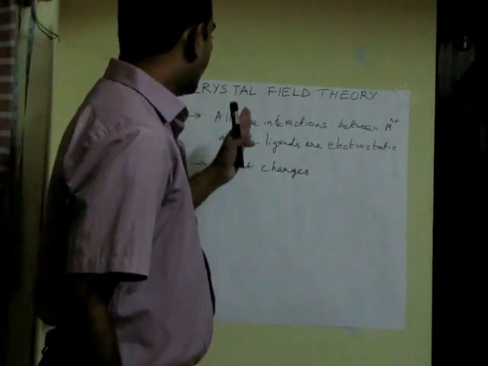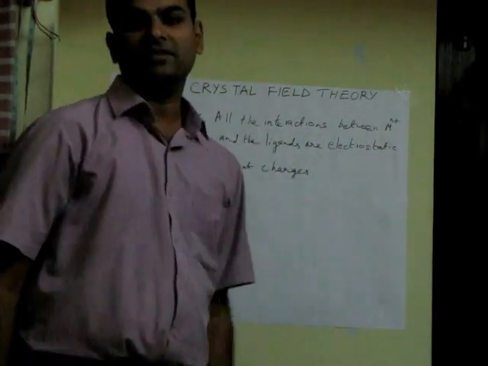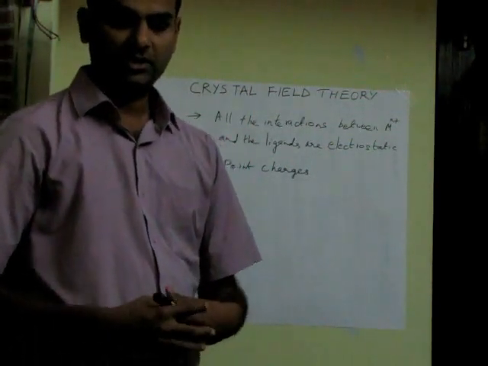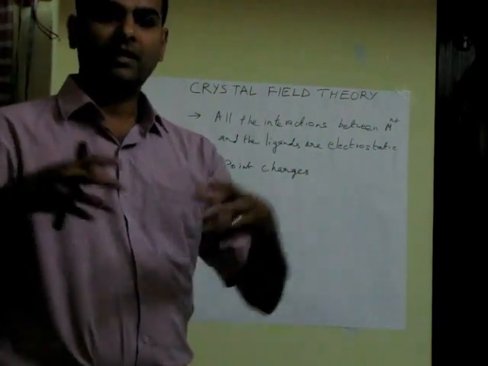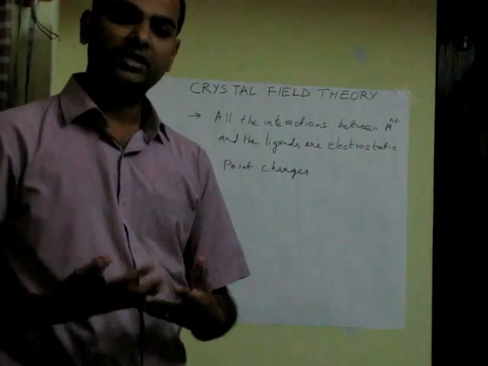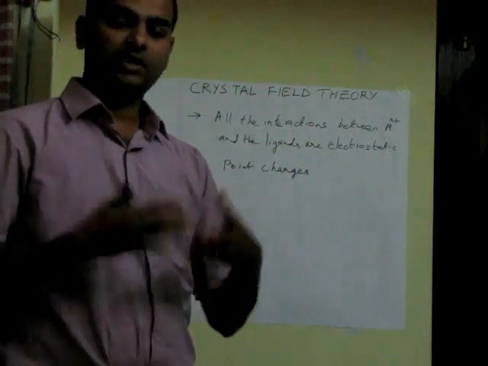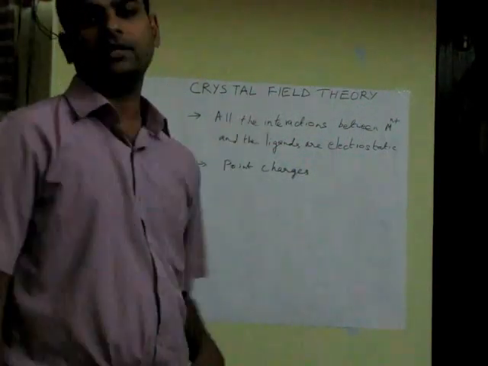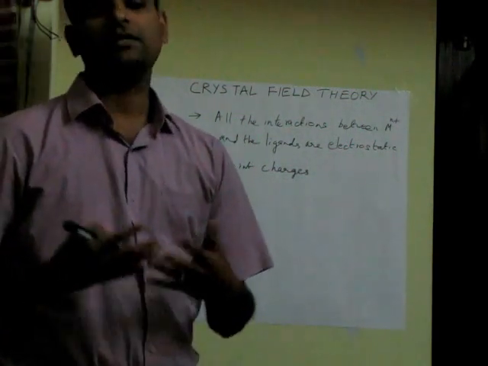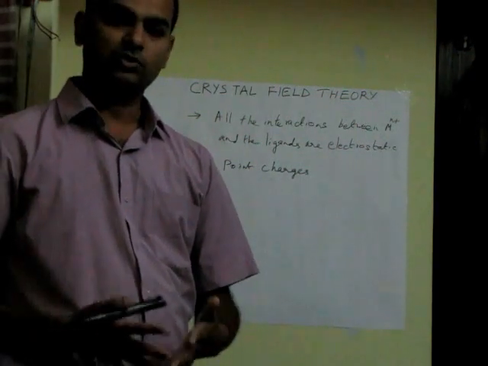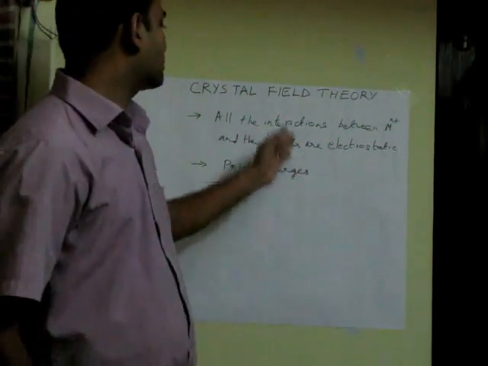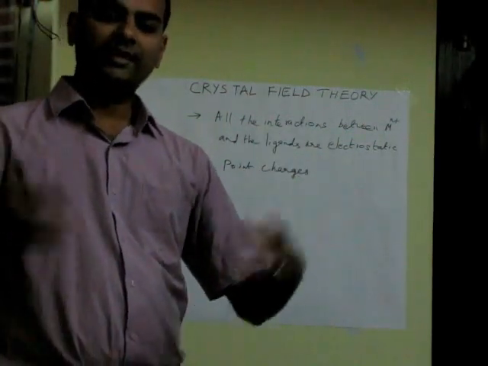So crystal field theory states that in a coordination complex of a particular geometry, the ligands approach the metal orbitals in a certain geometry, and depending on the geometry, it interacts with the orbitals which contain the electrons. Particularly in coordination complexes of transition metals, we deal with d orbitals because they are the outermost valence orbitals, and they interact with the incoming point charges of the ligands, and the ligands are electron rich.